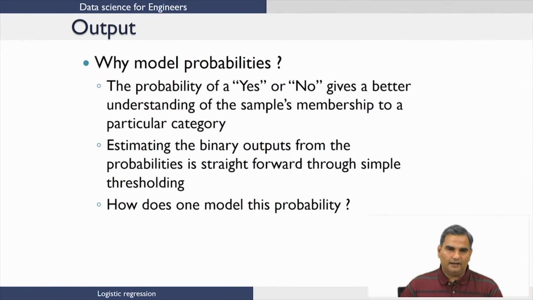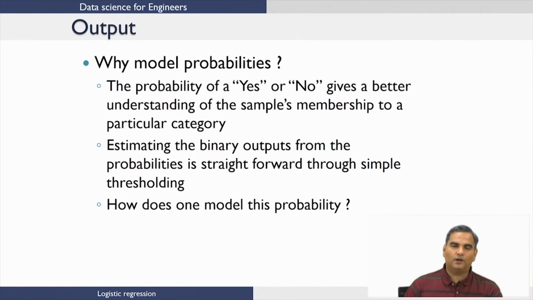On the other hand, if we model through probabilities, we do not want to lose binary answers like yes or no also. So, if I have probabilities for something, I can easily convert them to yes or no answers through some thresholding, which we will see in the logistic regression methodology when we describe that.